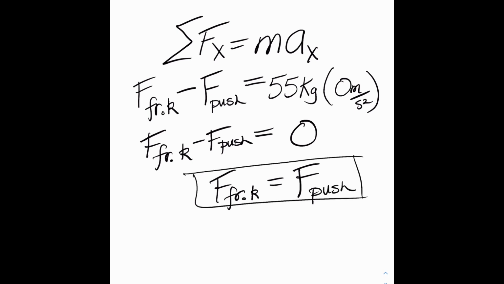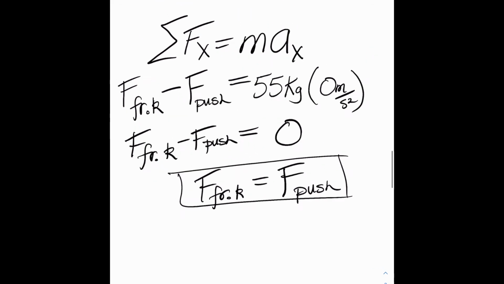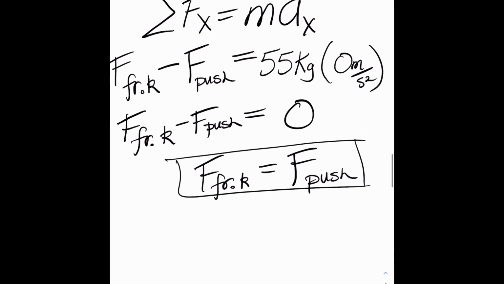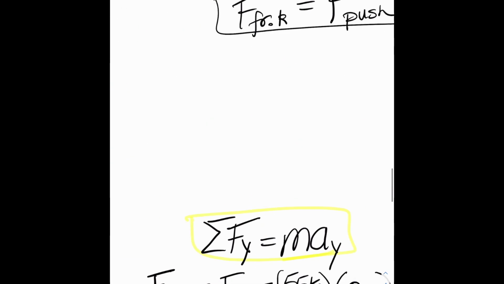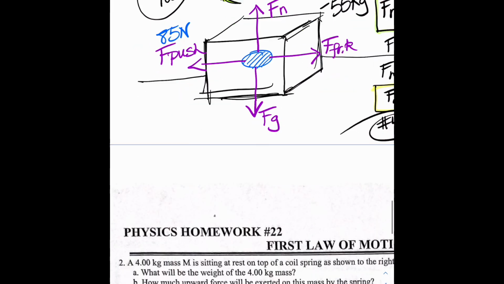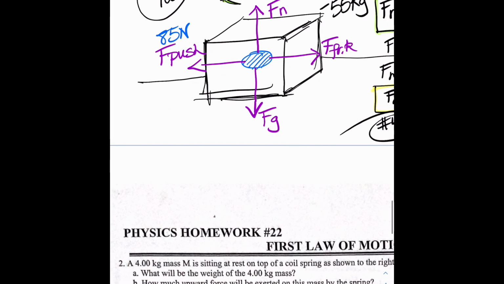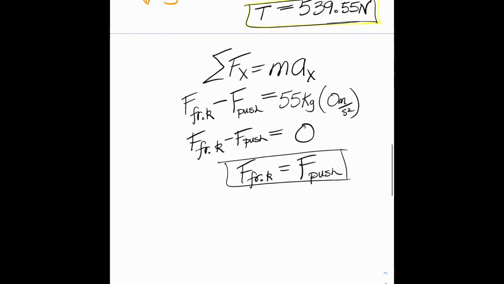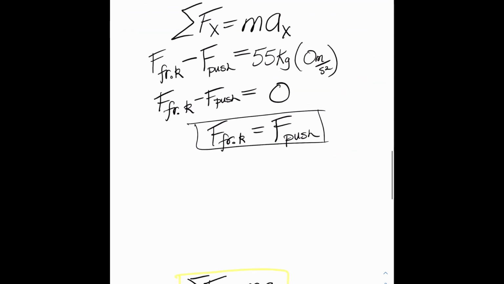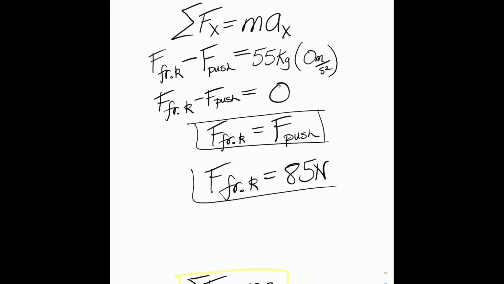All right. So if we know the pushing force, we know friction kinetic. And it just so happens that they tell us the force of the push, right? They tell us that that force is equal to 85 newtons. So let's go ahead and write that in. And there's our answer for part 4D.